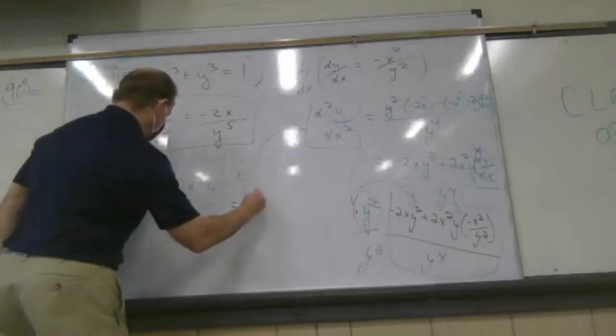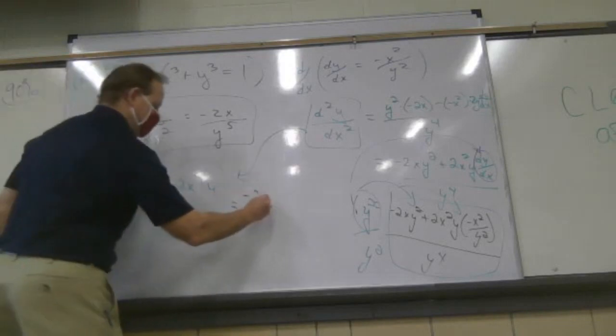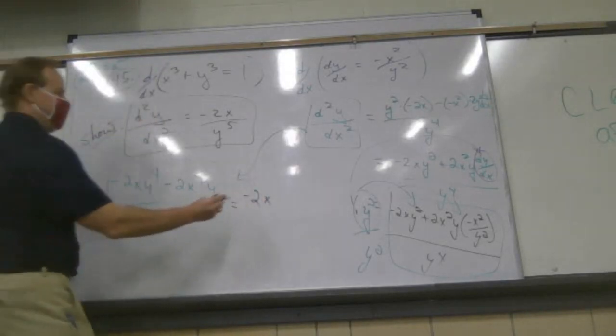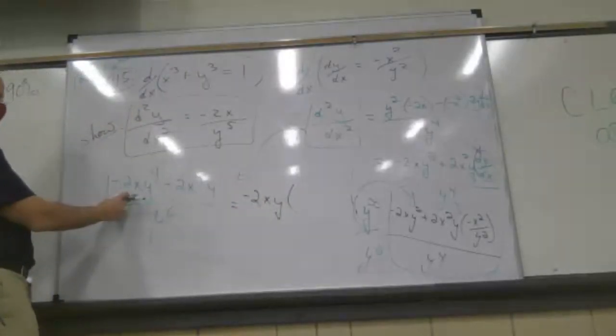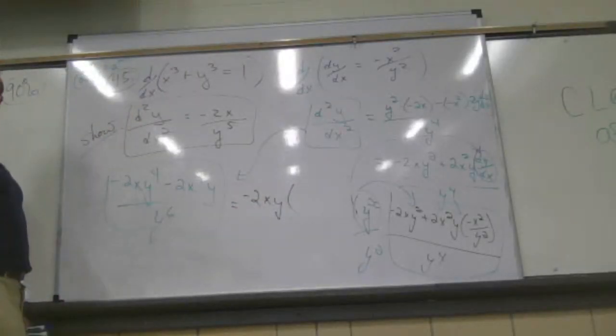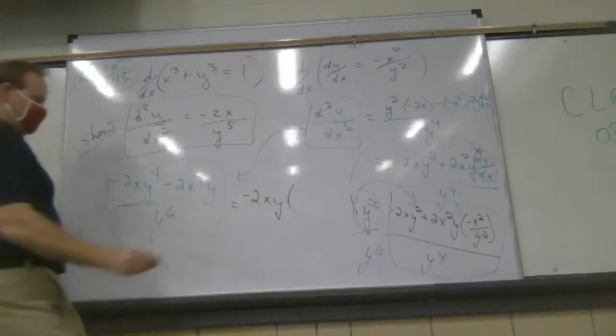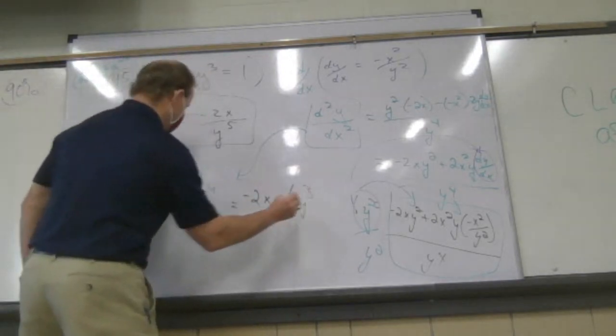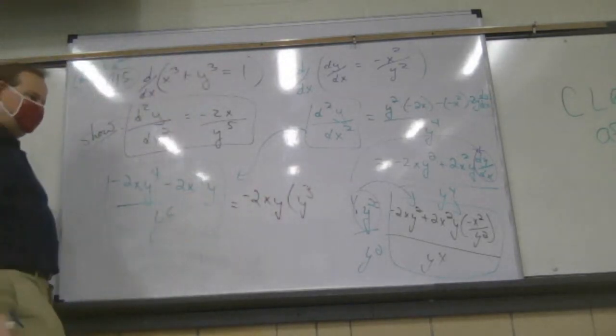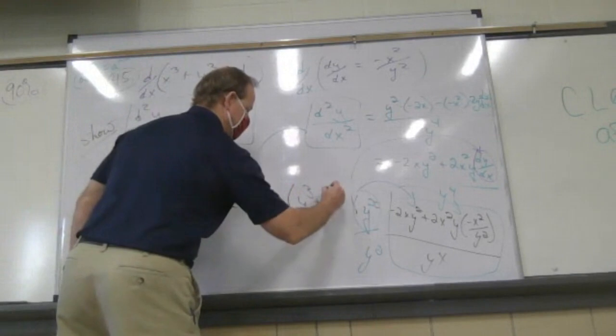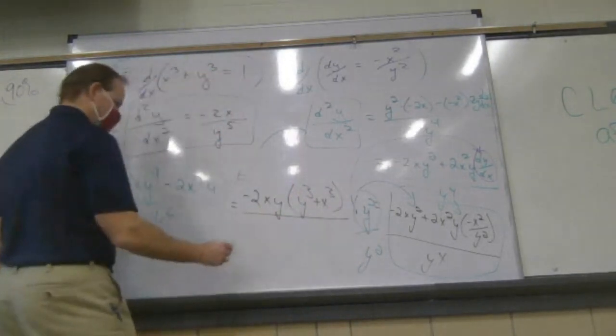So I can pull out a minus 2x, right? And y times what's left? Y cubed. And then what's left in the second one? Plus x cubed all over y to the sixth.